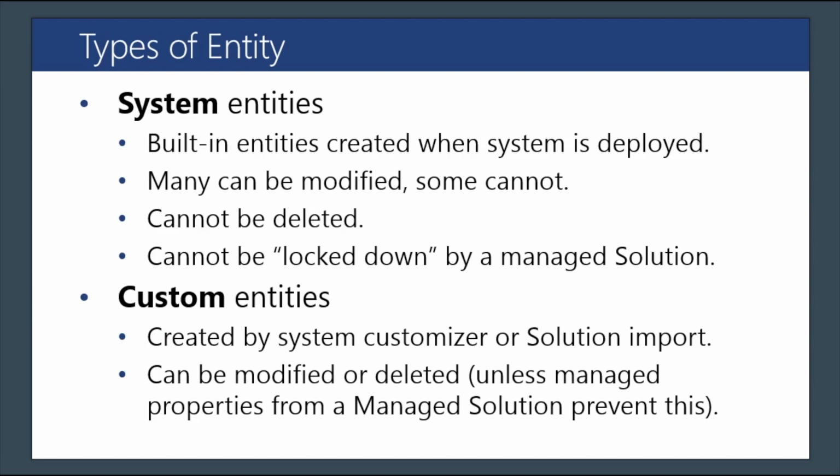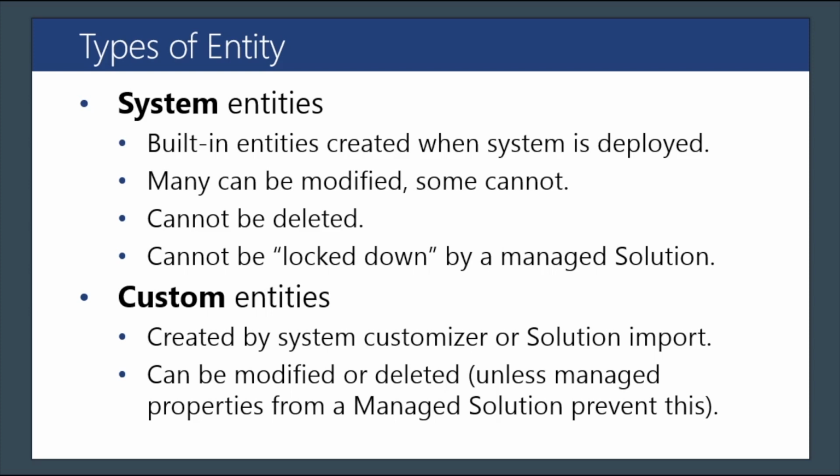So with entities, we also have system entities, and a lot of our system entities are built-in entities that are created as part of the deployment. Some can be modified, some cannot. You can go and look at the information on that particular entity to tell you whether or not it can actually be changed. If it cannot be changed, then it will tell you that, and it will also tell you that it cannot be locked down or managed by a separate managed solution.